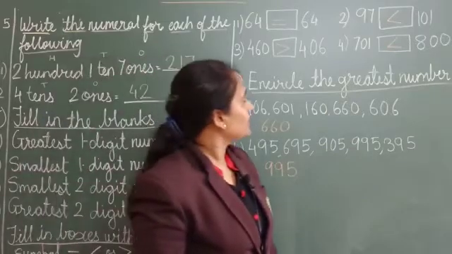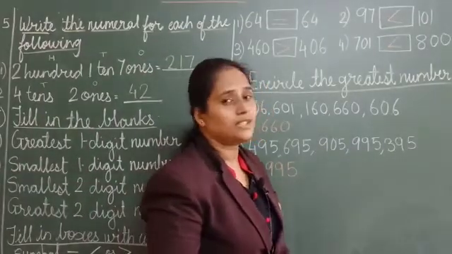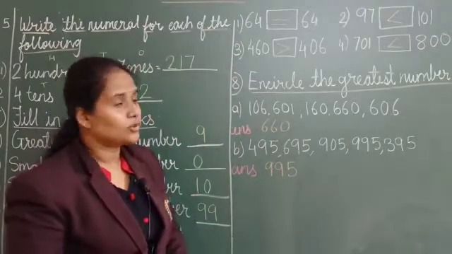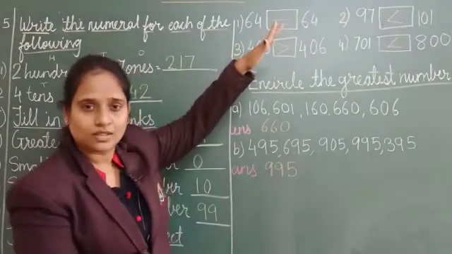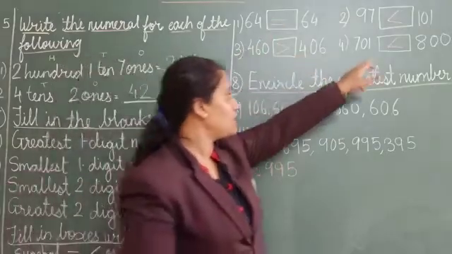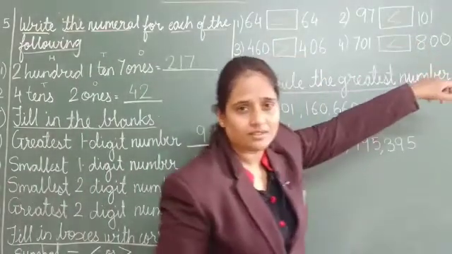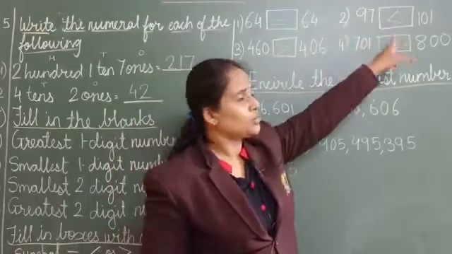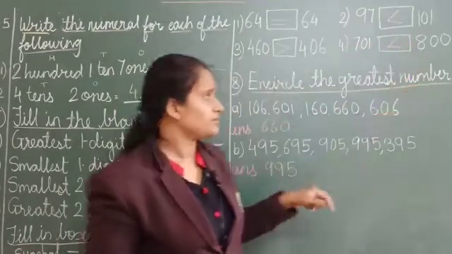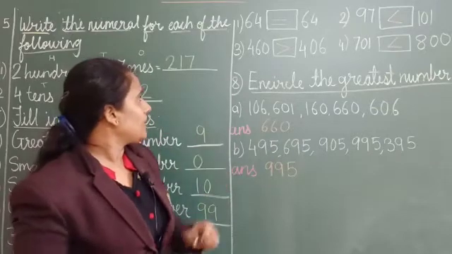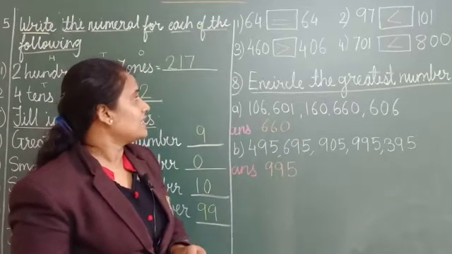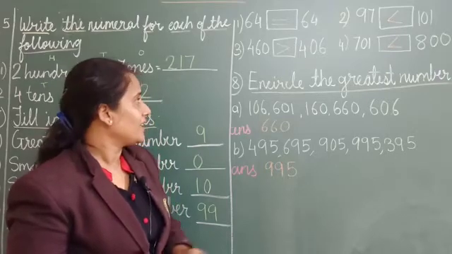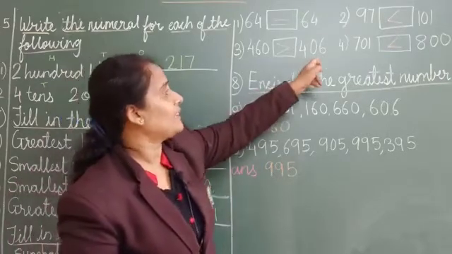Second we have 97 and 101. Here you will note the crocodile likes to eat the bigger number. So the bigger number is 101, so the mouth of the sign will be open towards 101. Third example we have 460 and over here we have 406.